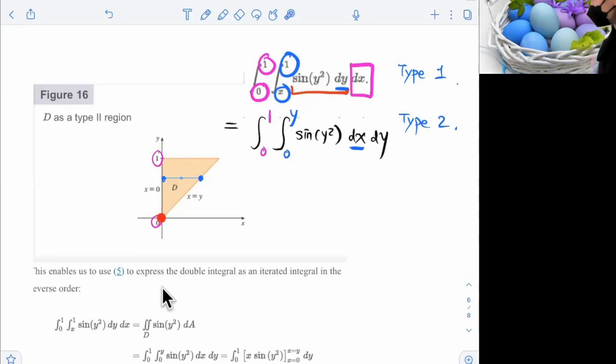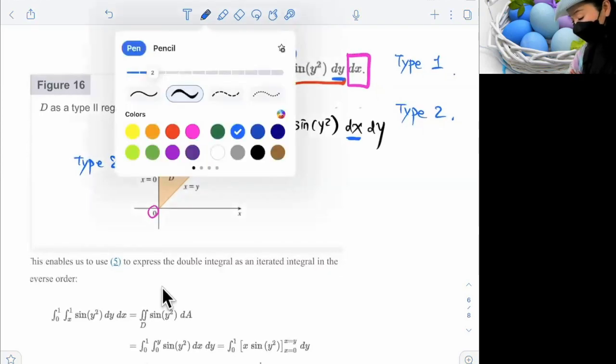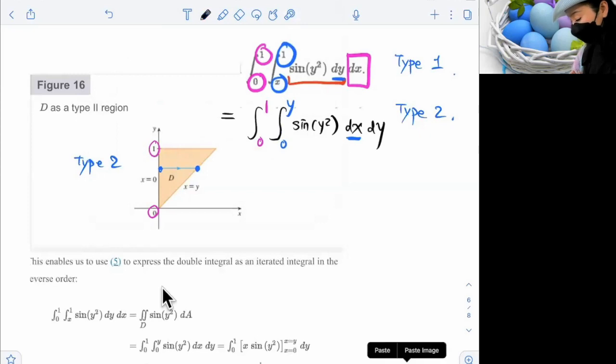So it's important that you think about what region it is. The trick to make it easier is to draw the arrow. This is the type 2 region. Now, would this make the integral a little bit easier to evaluate? Now let's look at the inner one.